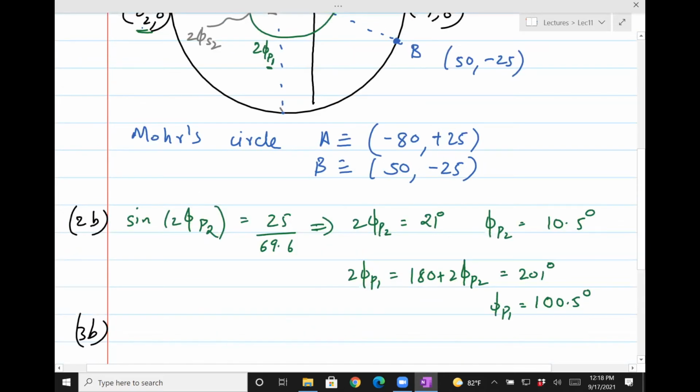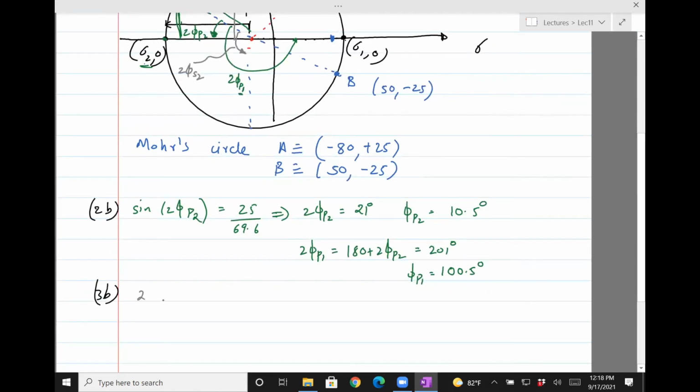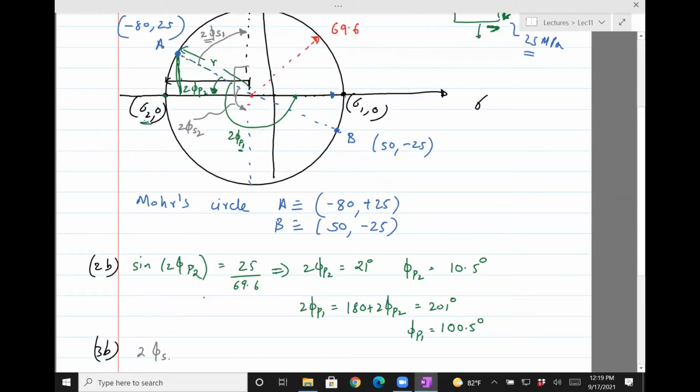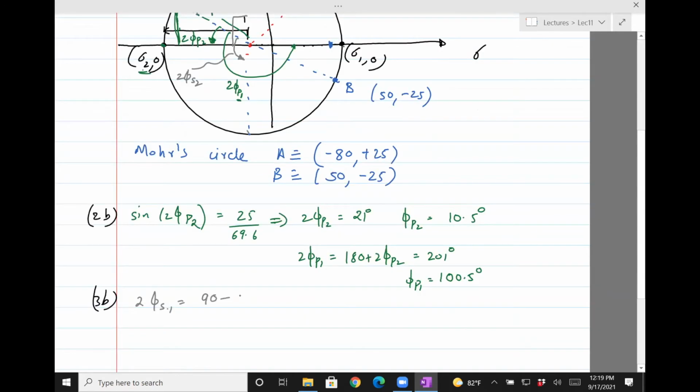So 2 phi S1 equals 90 minus 21 degrees, which is 69 degrees.